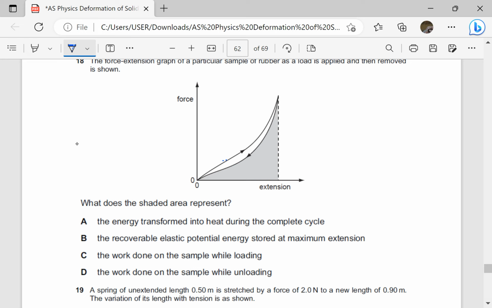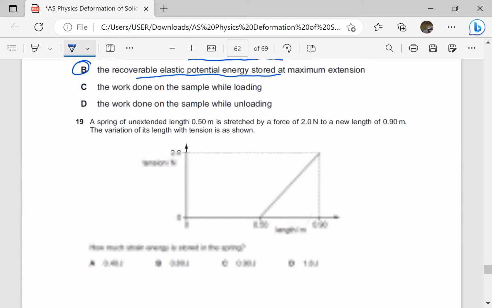So let's see the options. The energy transformed into heat during the complete cycle, this would be maybe this part. The recoverable elastic potential energy stored. So the answer is going to be B. This is the energy which can only be recovered at maximum extension.